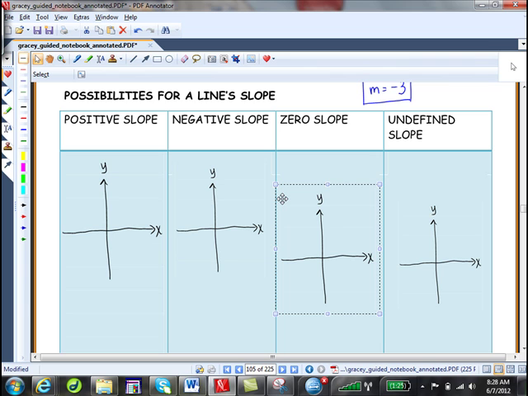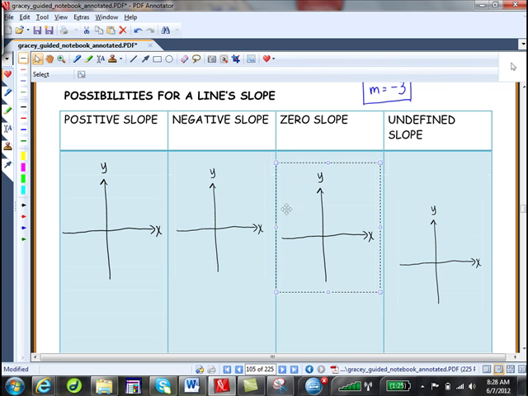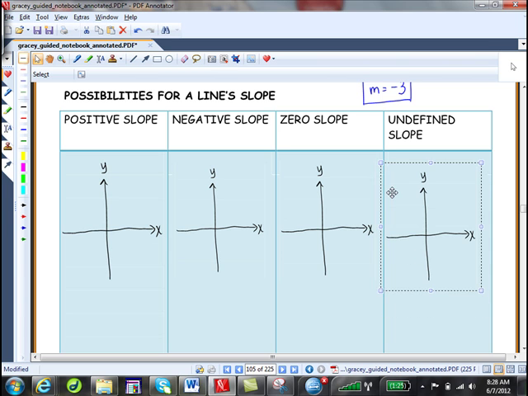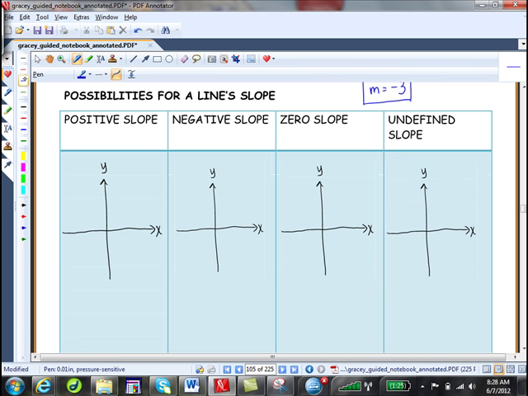If you have a positive slope, your M, your slope, will be greater than 0, because that's mathese for positive, right?